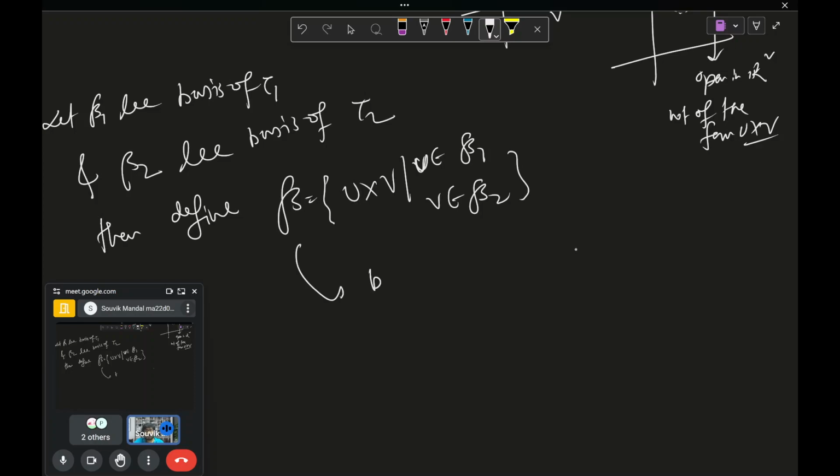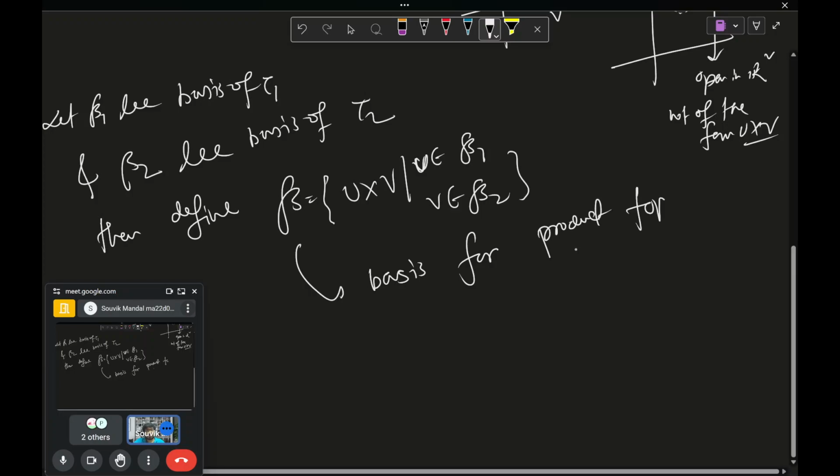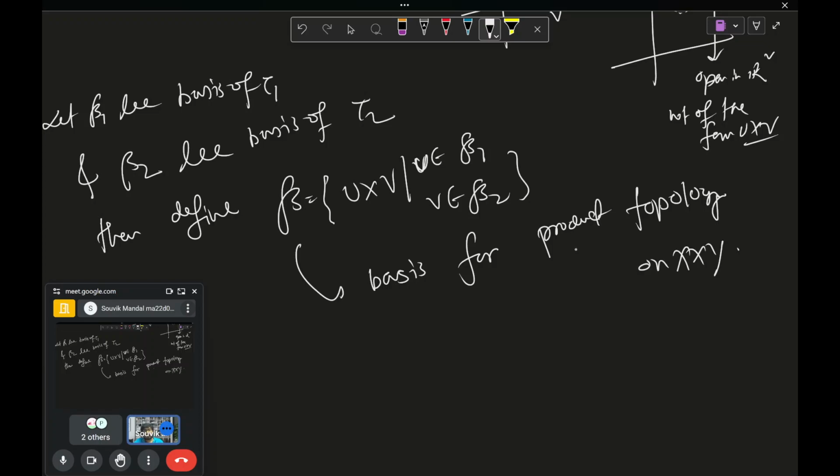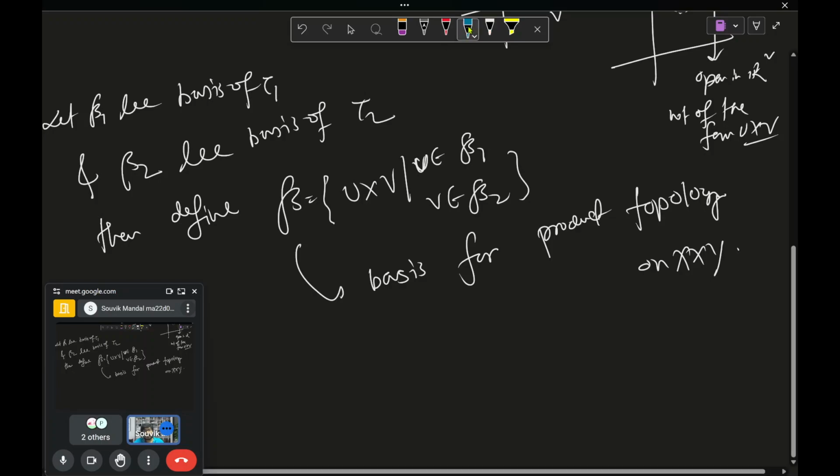This beta is a basis for the product topology on X cross Y. So basically, it's a theorem or fact, whatever it is.